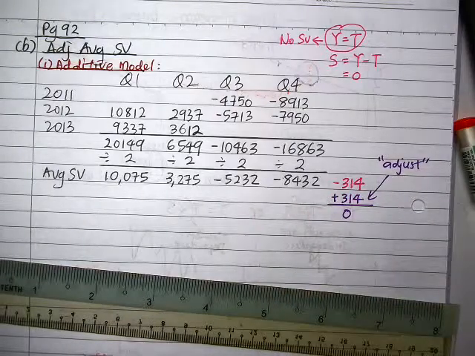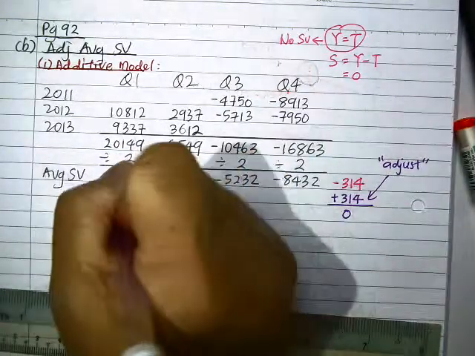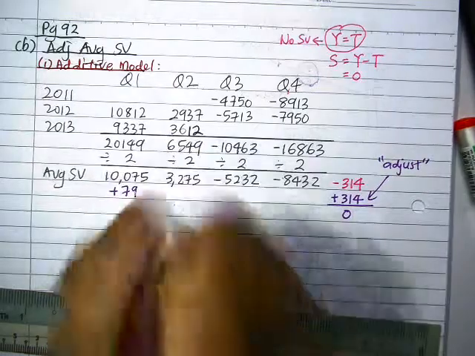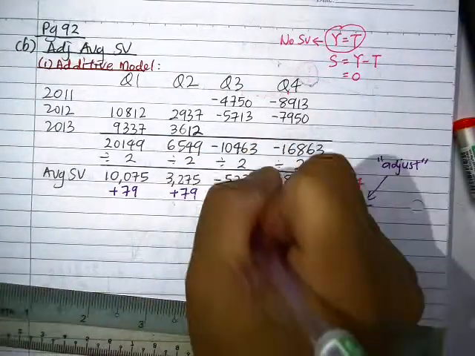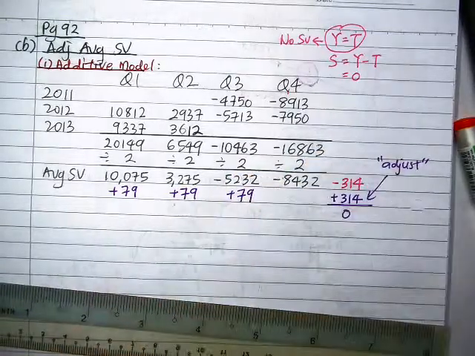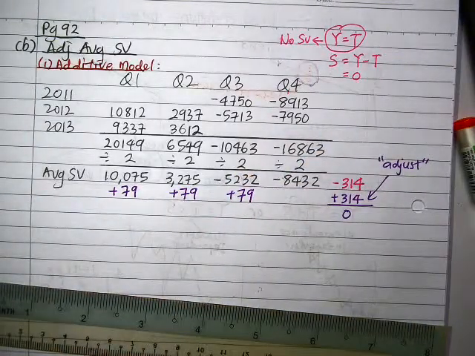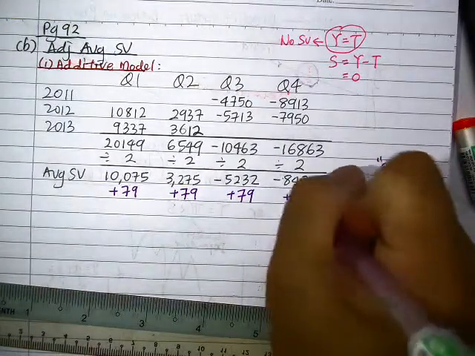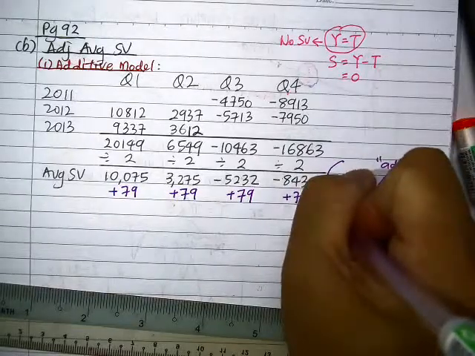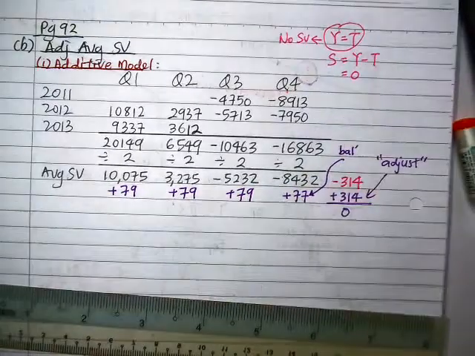Again, since I've been rounding, I just round all the way. So I will add 79, 79, 79. I think you should know that the last figure cannot be 79 because of the rounding effect. So I will just take the balancing figure, 77.